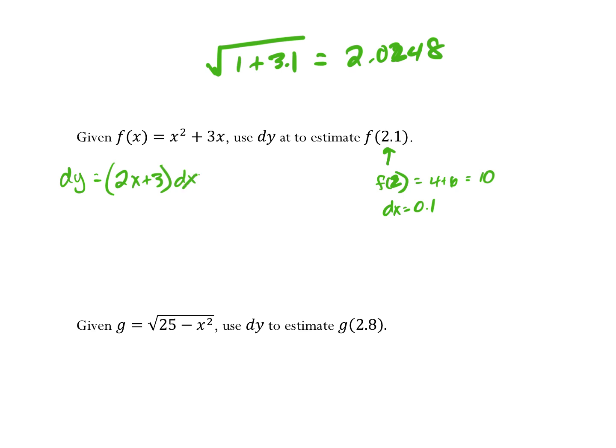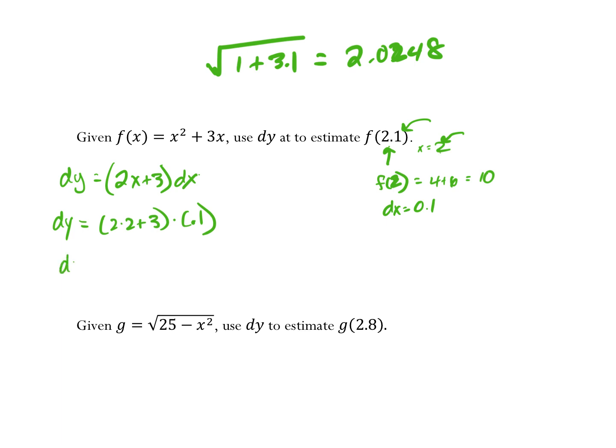Now I'm making that estimate at x equals 2. My dy would be 2 times 2 plus 3, times 0.1. And that tells me how different my y value at 2.1 is from my y value at 2. That's essentially what we're trying to do each time: use the derivative to estimate the difference between the actual point that I'm trying to find and the easy point close to it.